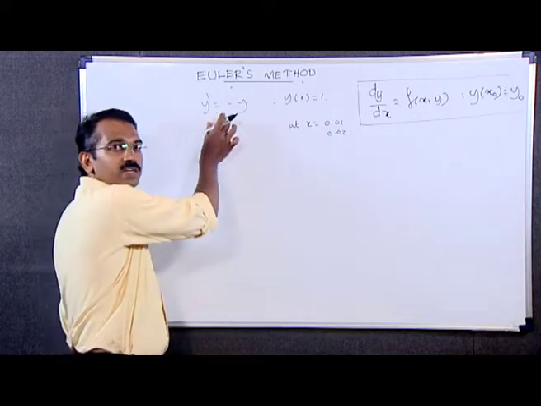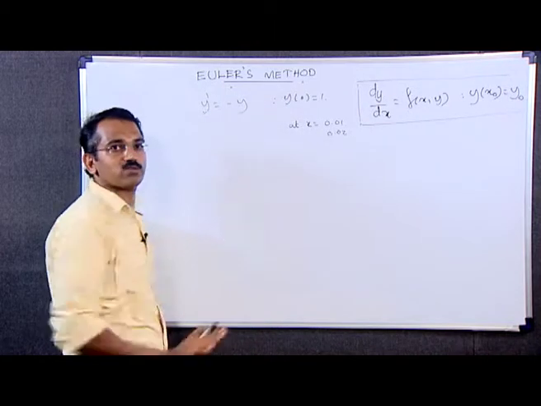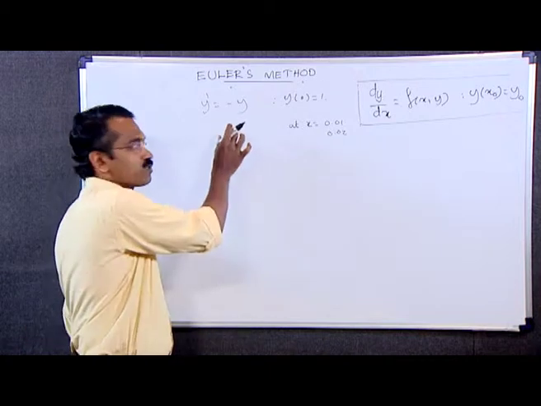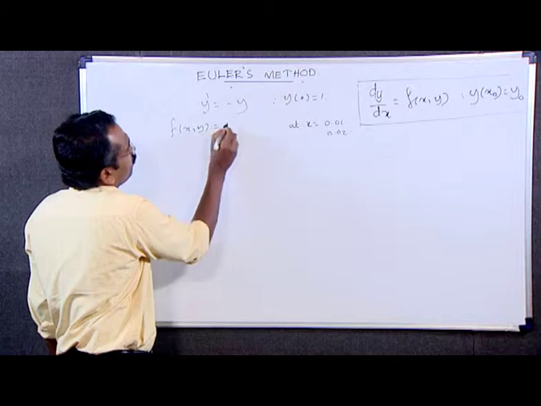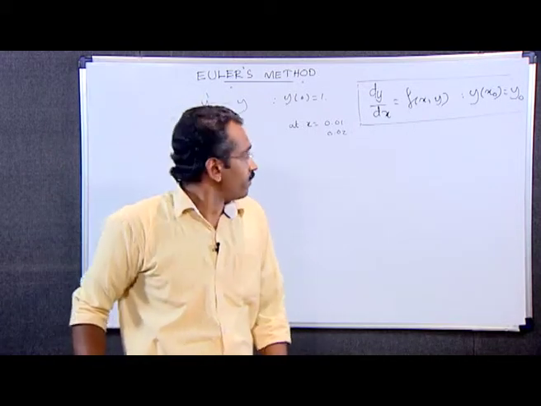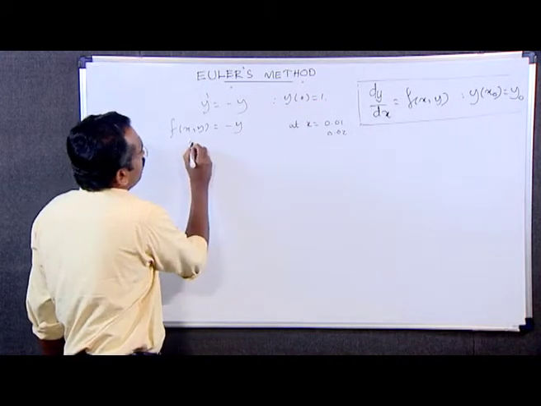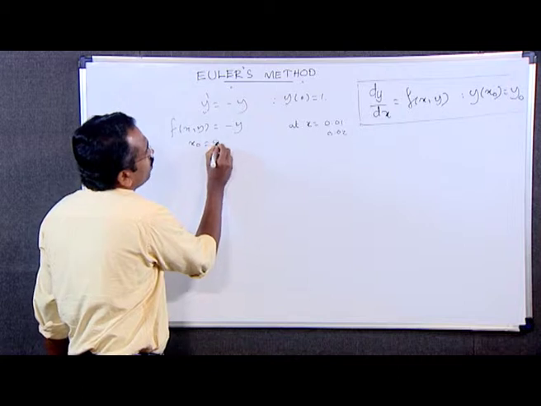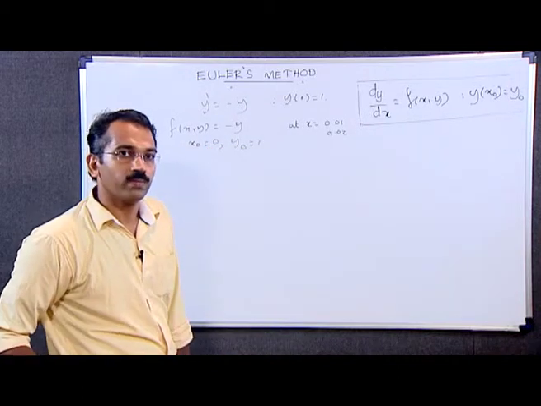The given differential equation is of the form dy by dx is equal to f of x, y. Here f of x, y is minus y. y0 is equal to 1 means x0 equal to 0 and y0 is equal to 1.